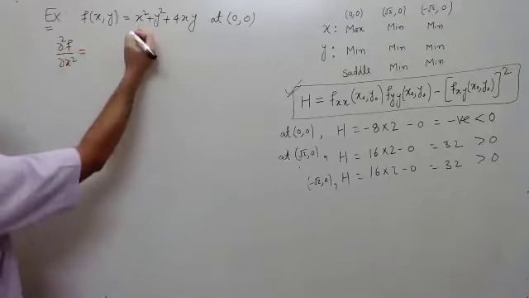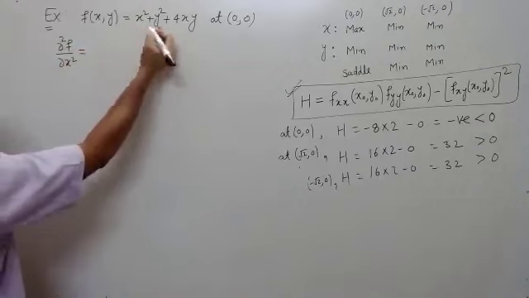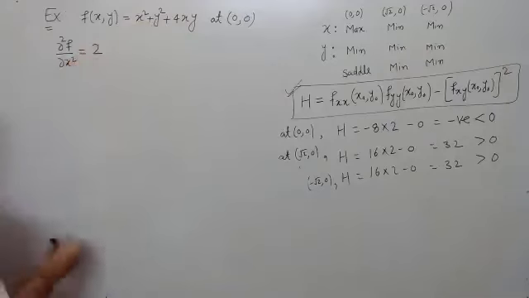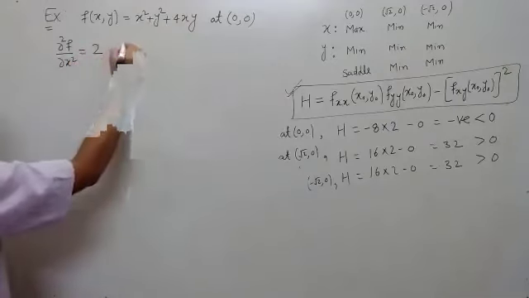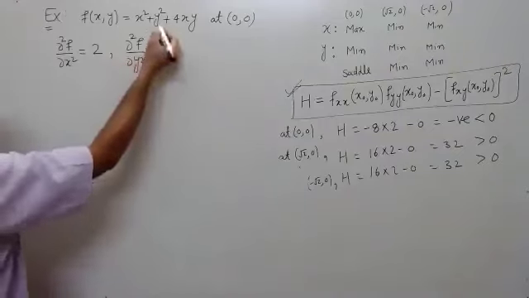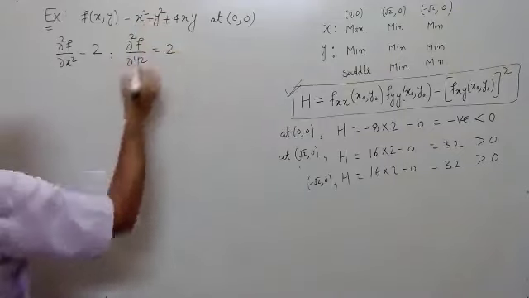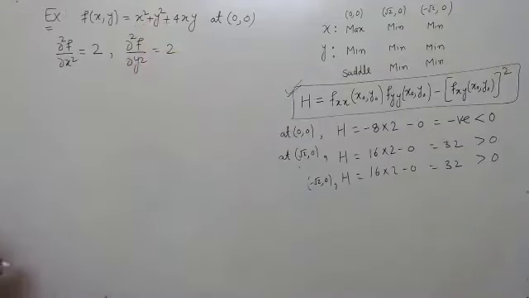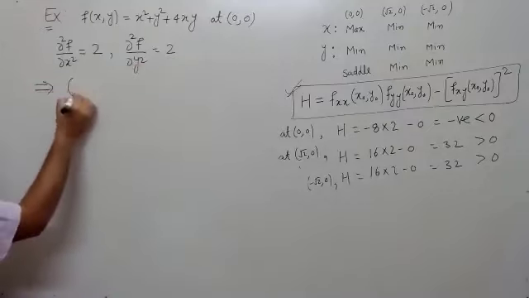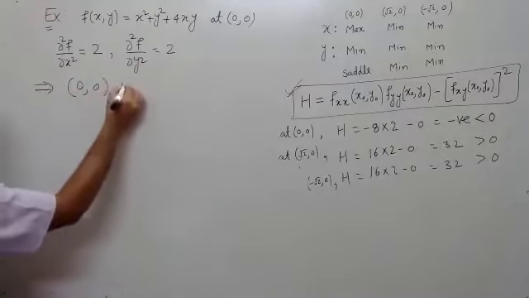So this is twice x plus 4y, and then further differentiating, you will get 2. And del 2f by del y2, this is 2y, this is also 2. Yes, sir. Now what does it mean? Both are positive. Minimum. So it means 0, 0 is minimum.